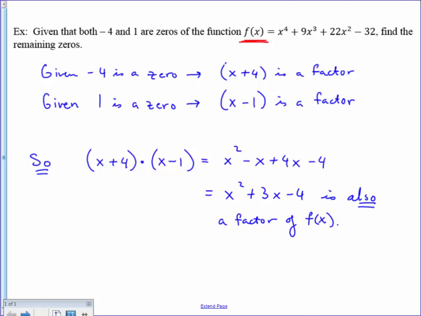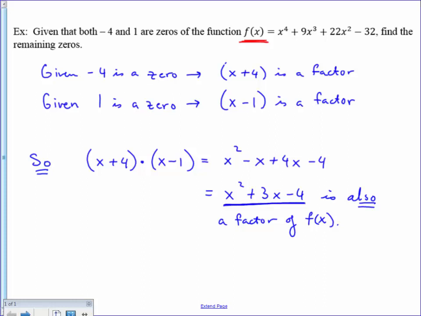Okay, so basically here, if you're given two zeros, rewrite the zeros as factors, and then those two factors being factors of f of x means their product would be a factor. So multiply the two factors together to find a new factor.